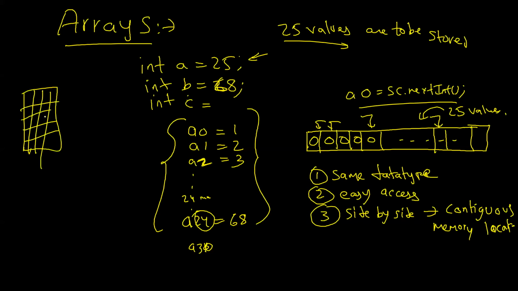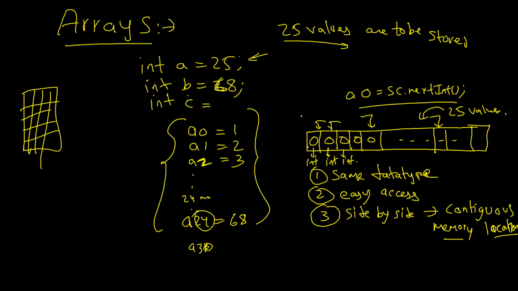Each box is a bit, 8 bits will become 1 byte, and 4 bytes will become one integer, right? If I've defined an integer type of array, then this is an integer, this is an integer device. So every value is side by side, and everyone has contiguous memory allocation, okay? Like contiguous memory location, right?